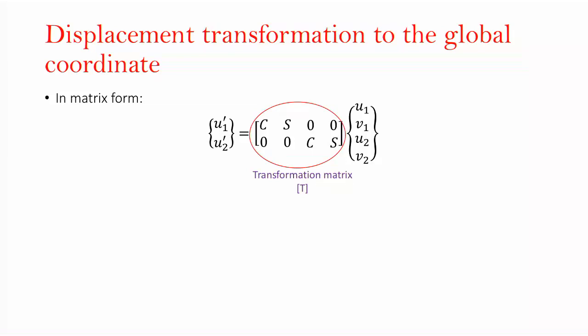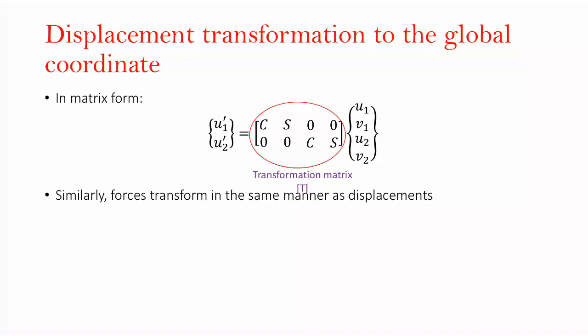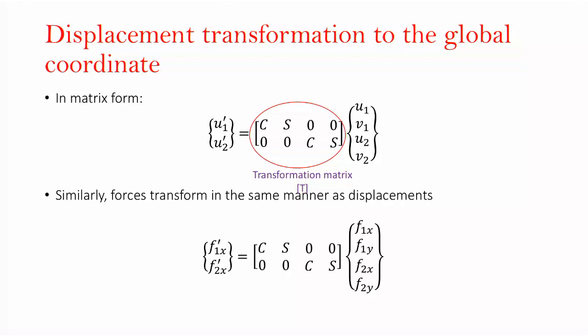So we call this matrix the transformation matrix, or T. And similarly, we can transform all the nodal forces in local coordinates into the global coordinates by using the same transformation matrix.